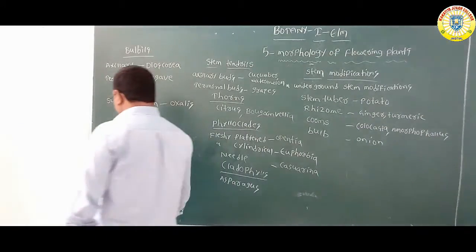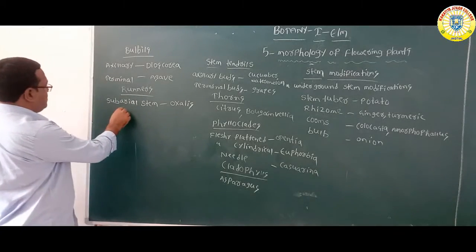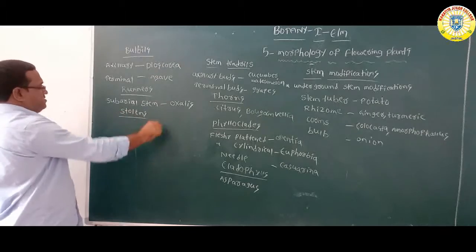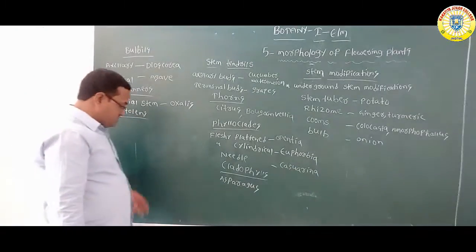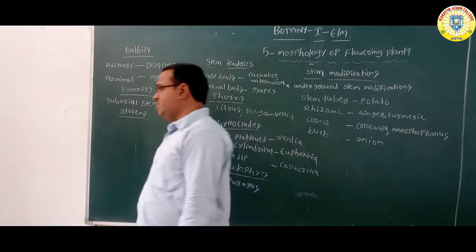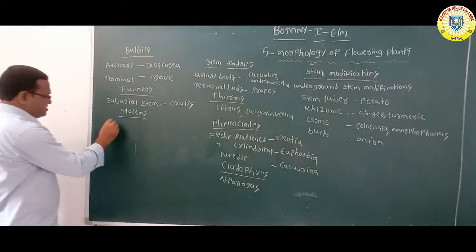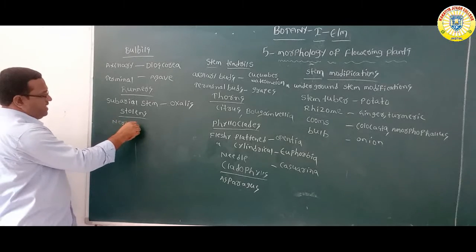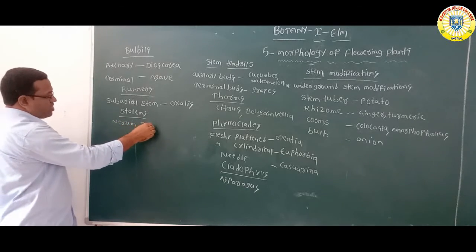Next, stolons. Best examples of stolons: Nerium and jasmine.